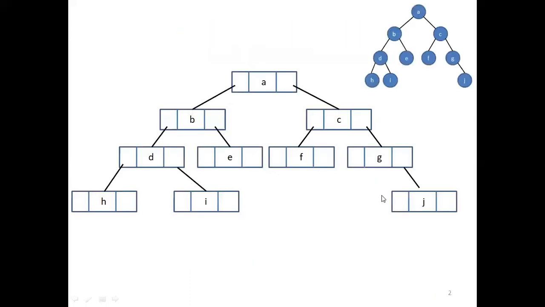Or if you just look at the previous diagram, here all these blank fields are holding null value, right? So here out of all these null, which one is the leftmost null? This will be the leftmost null value. And which one is the rightmost? This will be the rightmost null field. So this leftmost and rightmost null field will remain null only, or you can say it will be a dangling pointer.